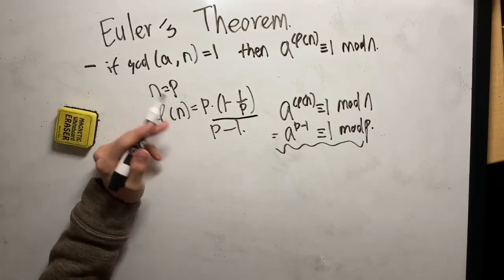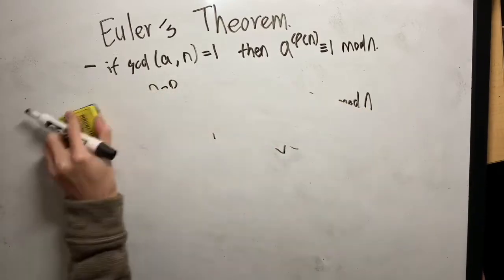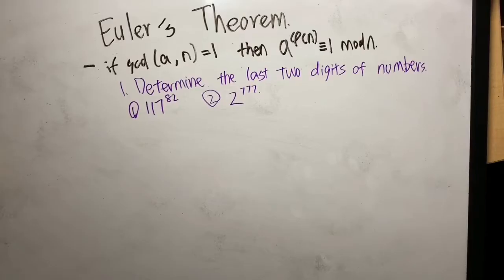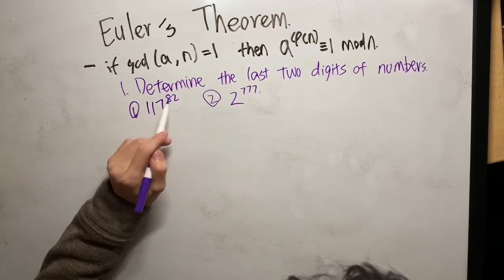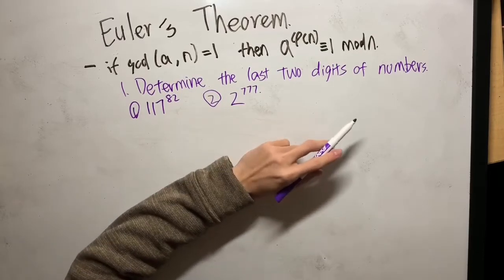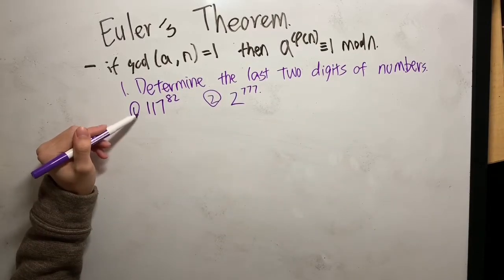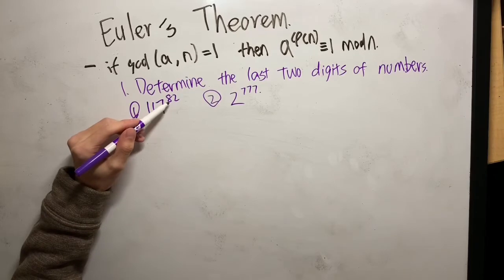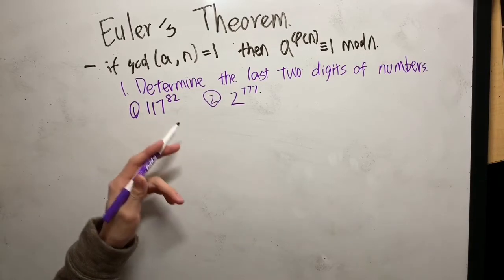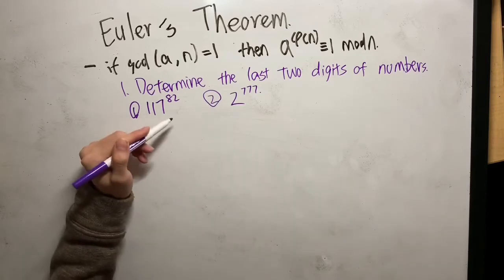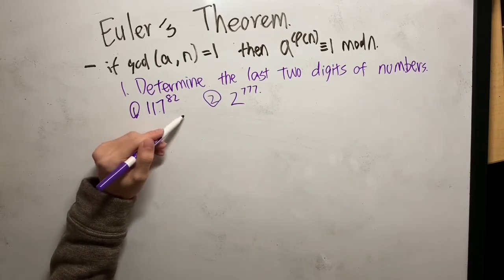Now let's look at some questions. The first one is to determine the last two digits of numbers. The first question is 117 to the power of 82. In order to determine the last two digits, we must find the number modulo 100.